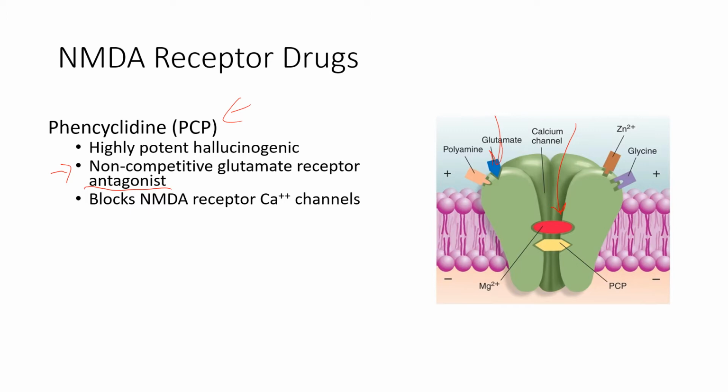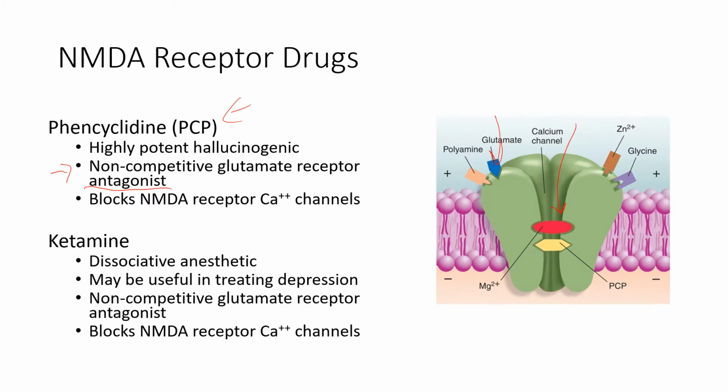And when it blocks this ion channel, it in a sense changes the firing rate. Another one that's related is ketamine, and it is sometimes used for treatment of depression. It's been found more and more to be highly effective for treating depression. But this is another non-competitive antagonist that also blocks the channels.